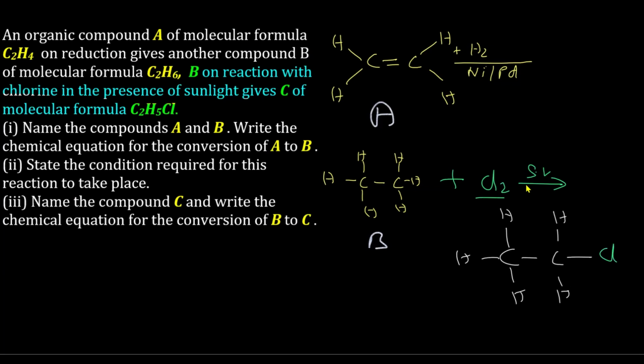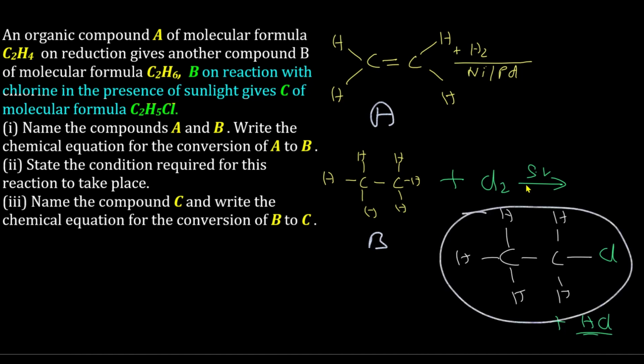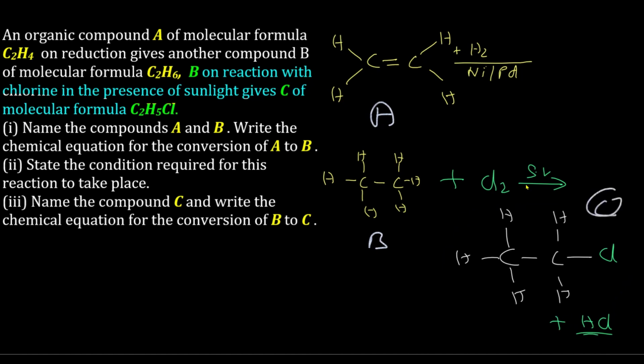And the other chlorine and the displaced hydrogen will form HCl. So now we have to figure out what is C. C is this compound. The compound is named C, not C for carbon here.